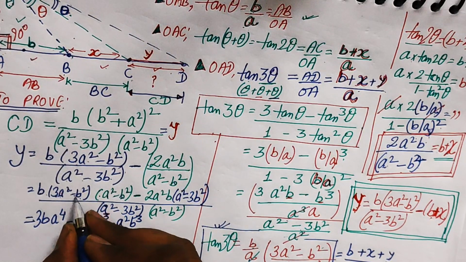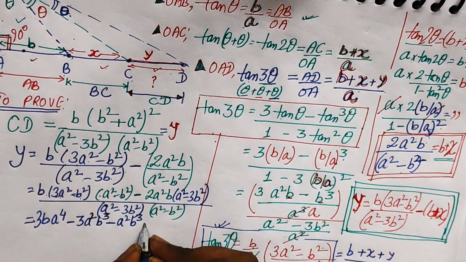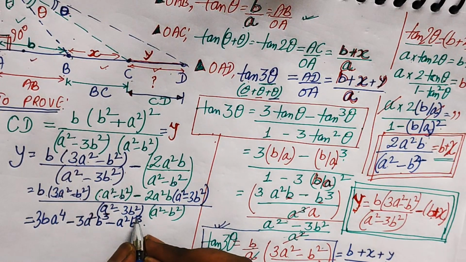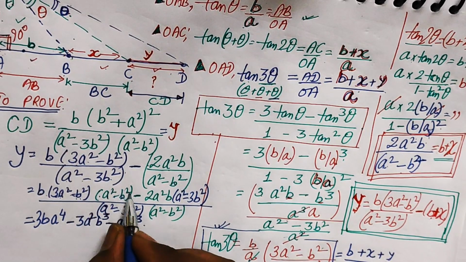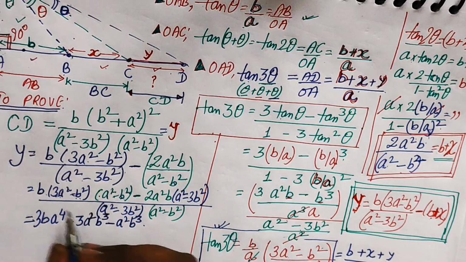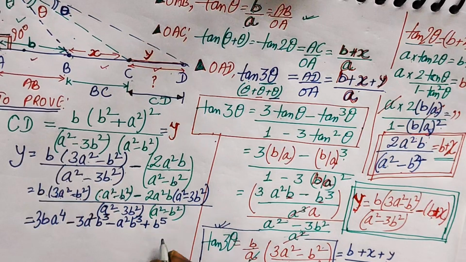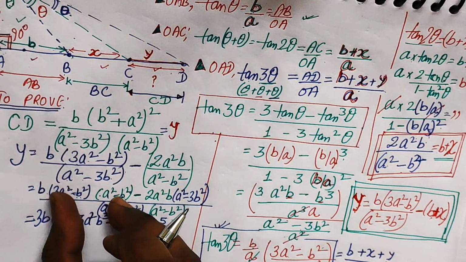Then the fourth term plus b power 4 and this b, that is b power 5 is coming, right? So these two terms are expanded.